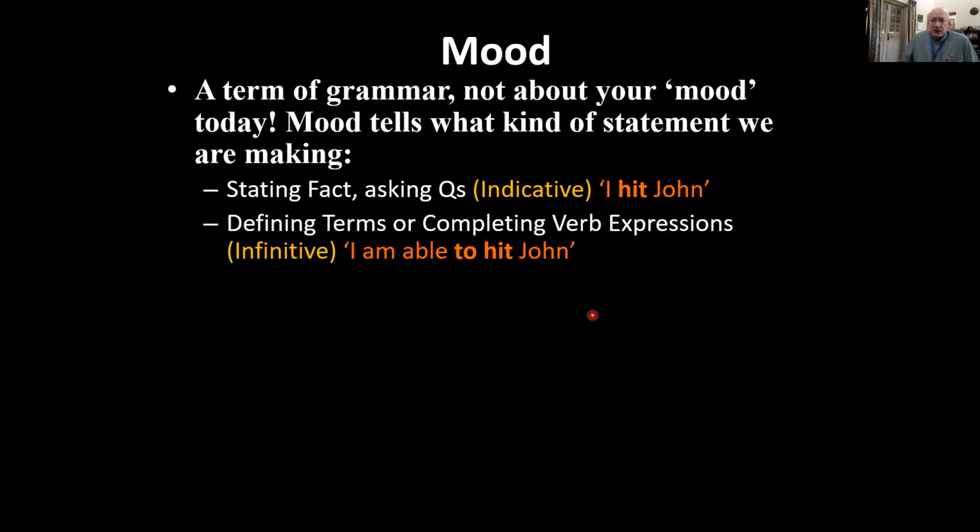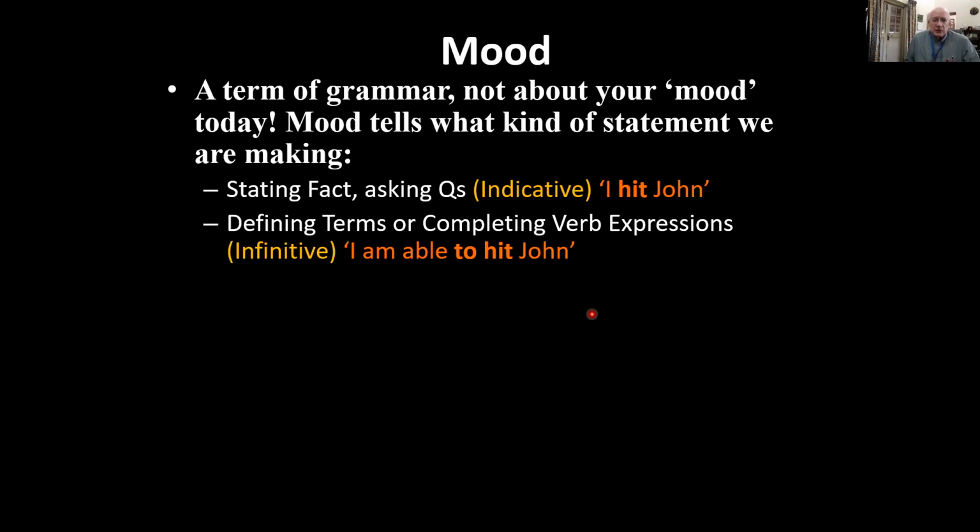But if I'm not just stating facts, I might be, for example, completing a verb expression using an infinitive. I am able to hit John. And now suddenly to hit is not in the indicative mood, it's an infinitive. And we classify this as a separate mood.